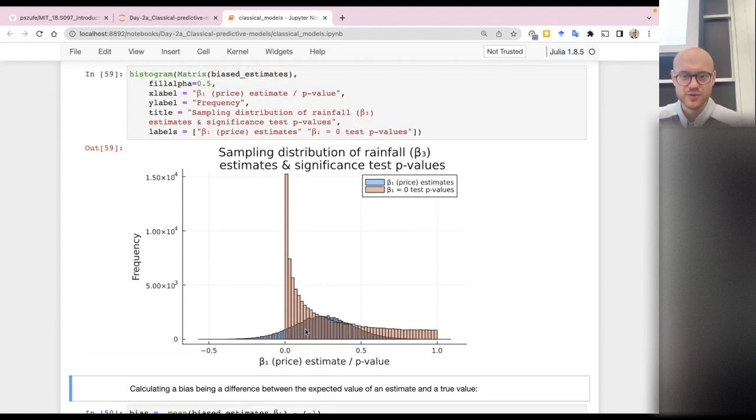I actually put two measures, but let's speak first about the blue histogram, which is the beta 1 estimates. We know that the true value is -1, so it should be somewhere here. And it never happened in our 100,000 simulations to be even close to -1.